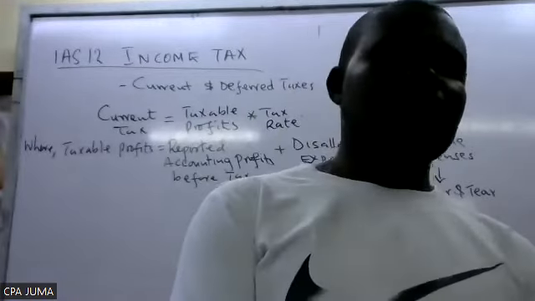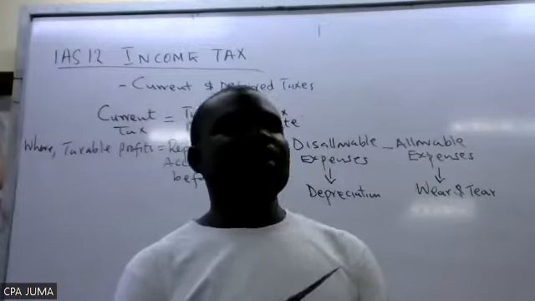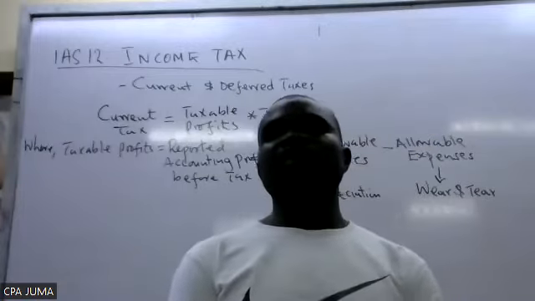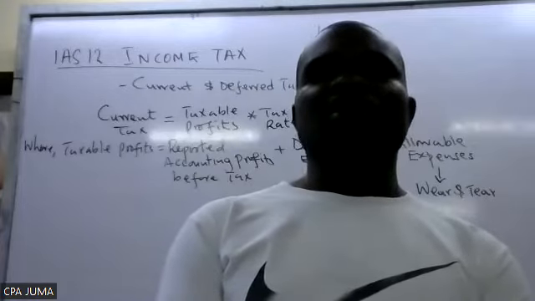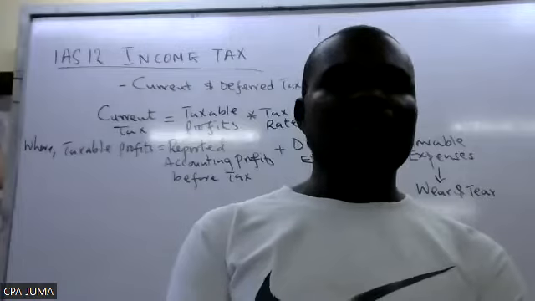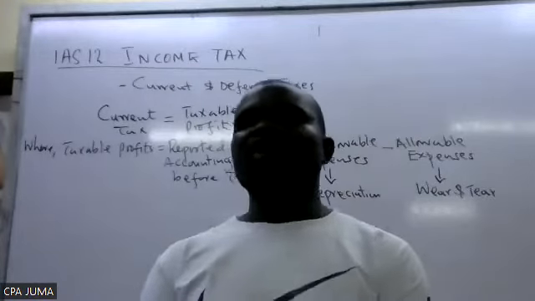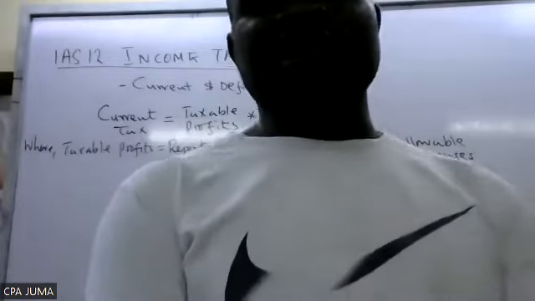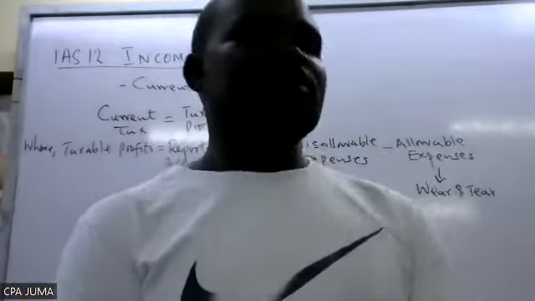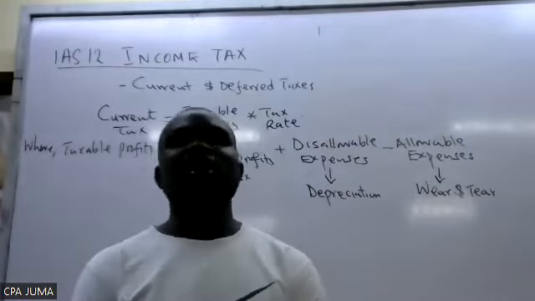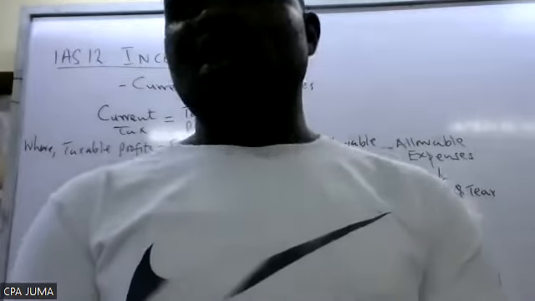Full stop. So if you pay in excess of what is due, then we recognize a current tax asset. So the examiner can ask you how we recognize current taxes. They are recognized as a liability to the extent that the amount due has not yet been paid or settled, and if you settle more than what is due, we recognize a current tax asset.